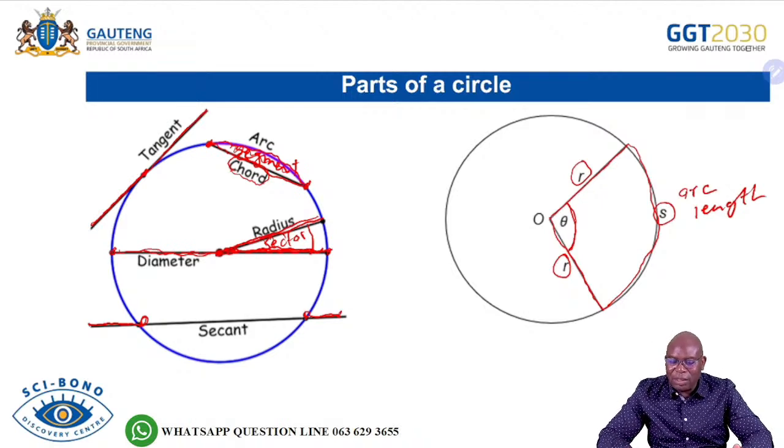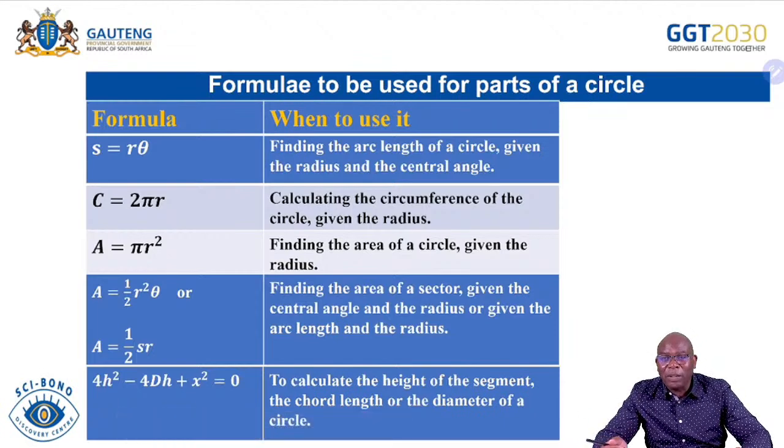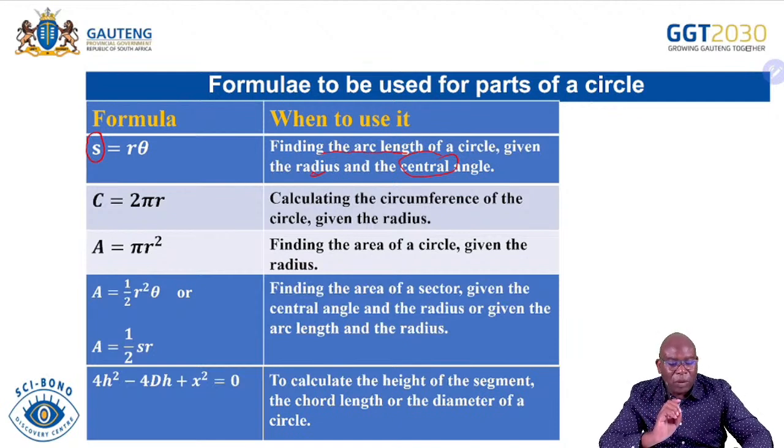Now, to the activities. Before the activities, we have the formulae that are going to be used for parts of the circle. Here we talked about the S, which is going to be the arc length. When do you use it? For finding the arc length of a circle given the radius and the central angle. You remember I talked about the central angle? That is what we are going to be looking at. So the S will be the arc length.